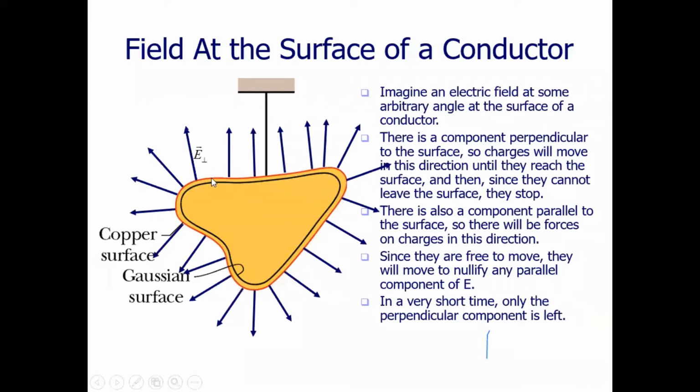So you see, this is the surface of a conductor. I think we convinced ourselves that the direction of the electric field must always be perpendicular to the surface of the conductor. So that is one key point that came from the last class.